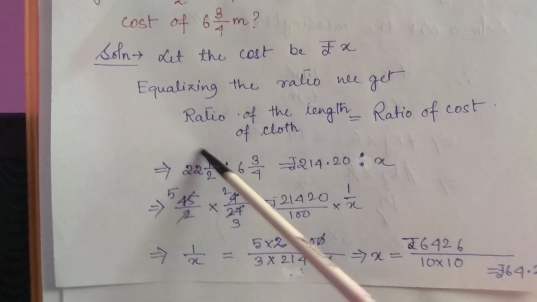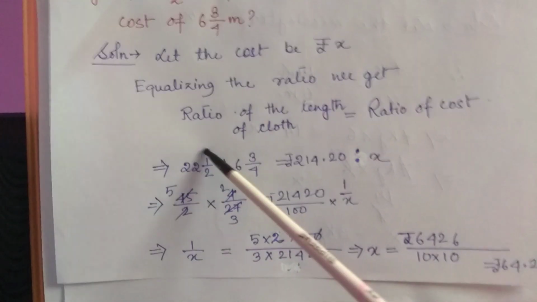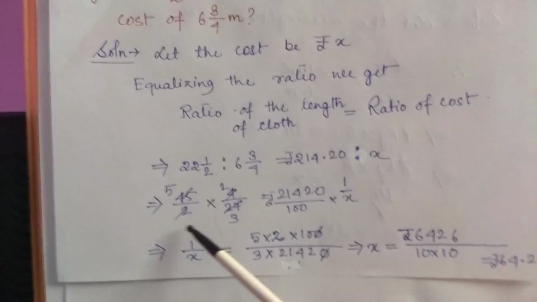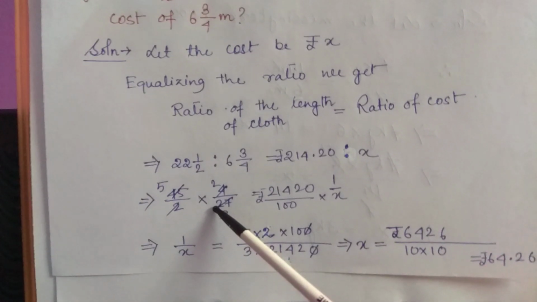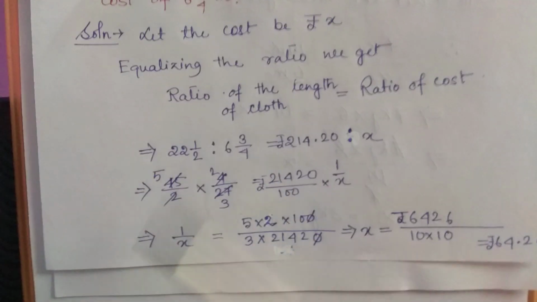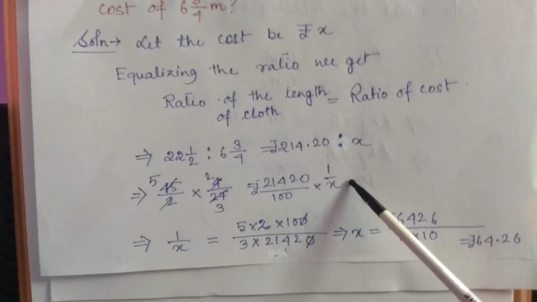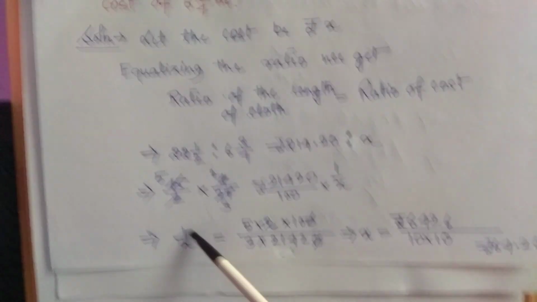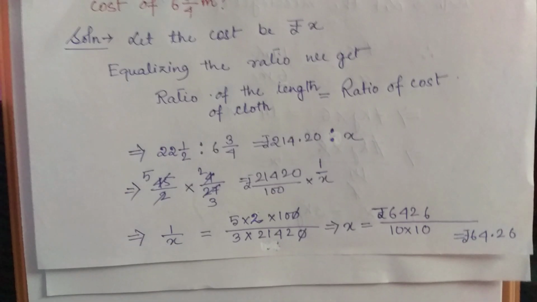So after converting the mixed fractions to improper fractions, I have changed the ratio sign to divide and then to multiply. Then I have simplified here and done cross multiplication. I have kept 1 by x on one side and all the numericals on the other side.